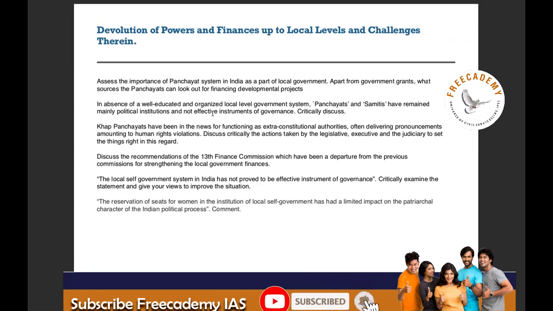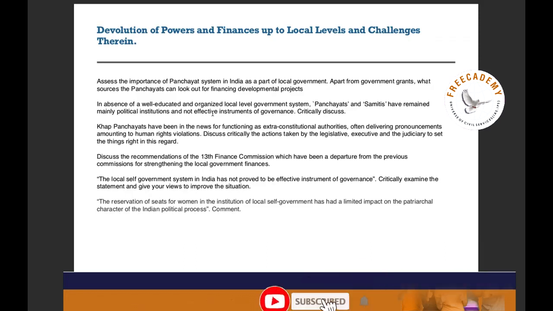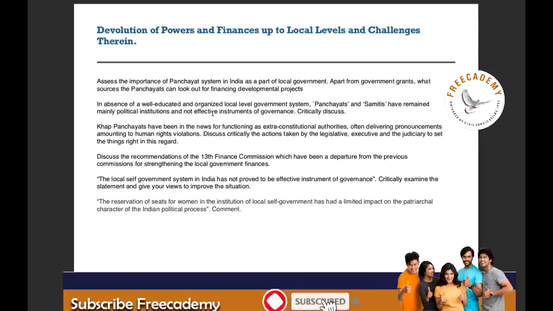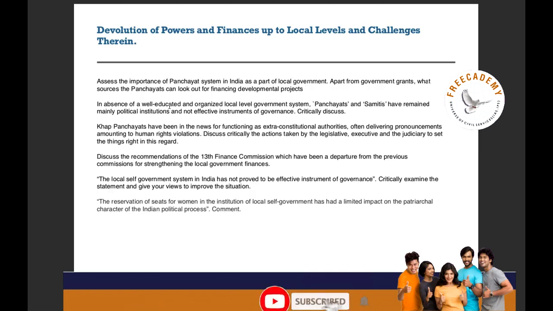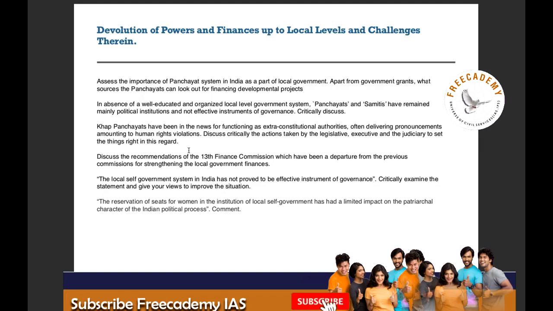So we should dig into the topic in a slightly better manner. And again, this Khap Panchayat, this kind of extra-constitutional body, is giving challenges to the elected government or the constitutional bodies. So what can we do about it?